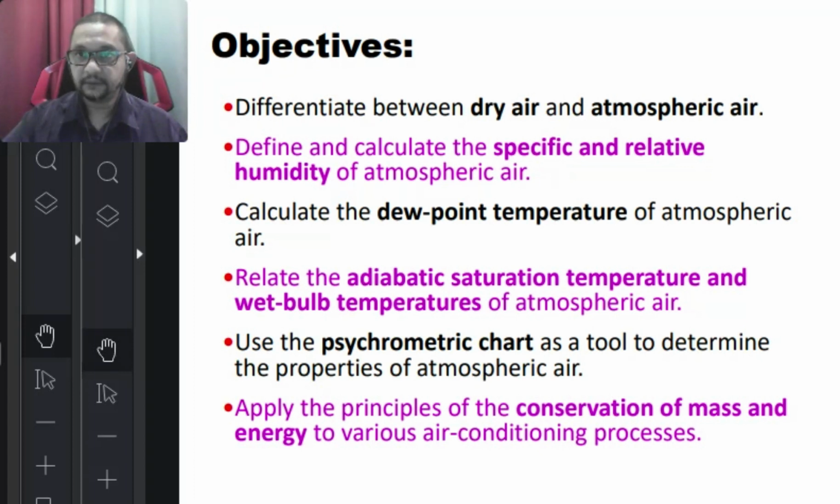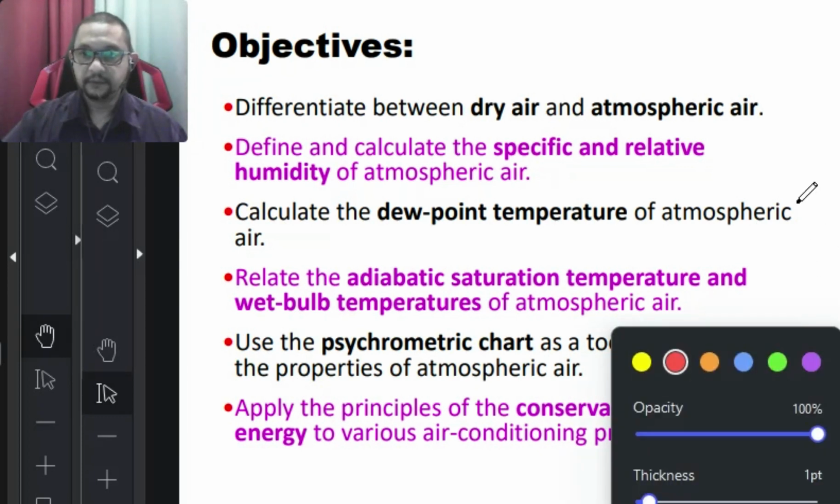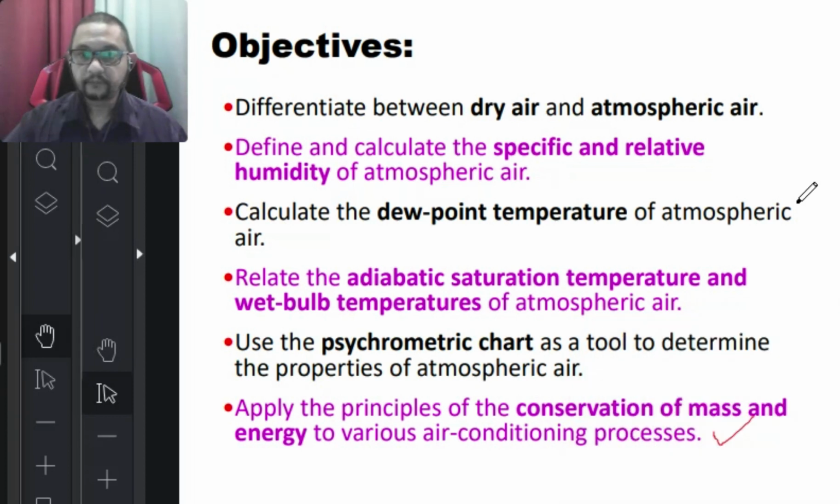That means the objective you have to know is only one objective. This one. That means you should be able to apply the principles of the conservation of mass and energy to various air conditioning processes. That is your objective for today.